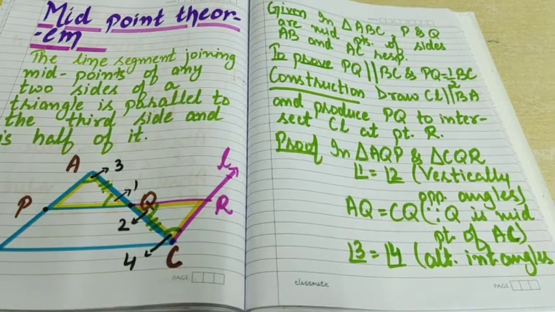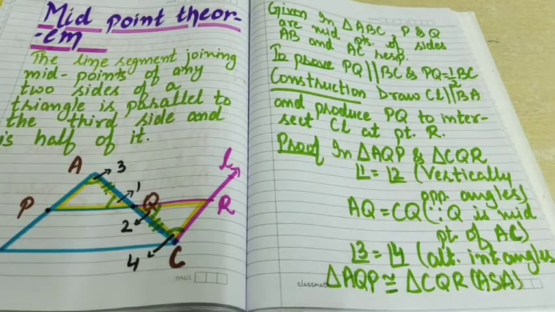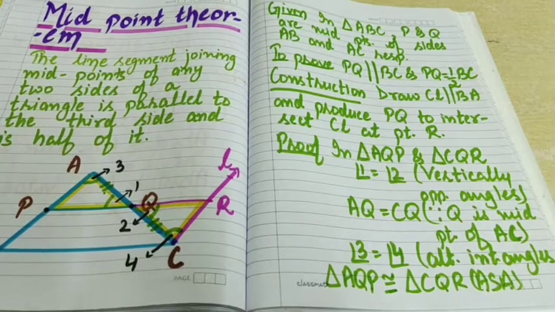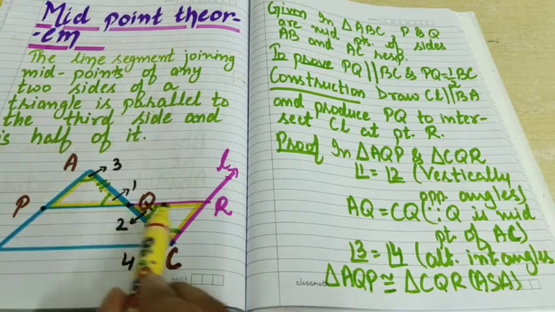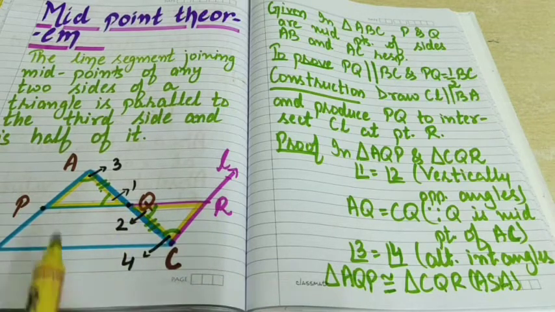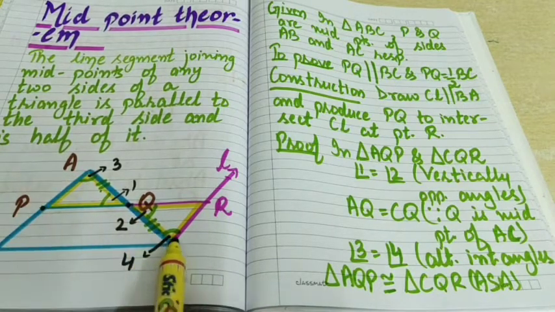So we can say that triangles are congruent by ASA congruency criteria. Since these two triangles are congruent, so we can say that PQ is equal to RQ and AP is equal to CR, that is by CPCT.